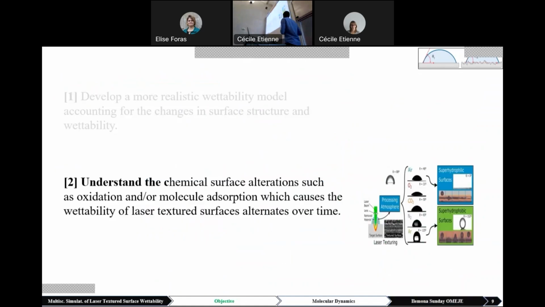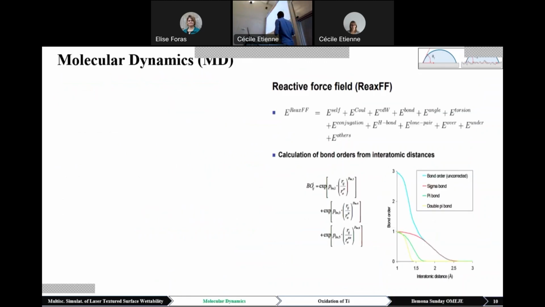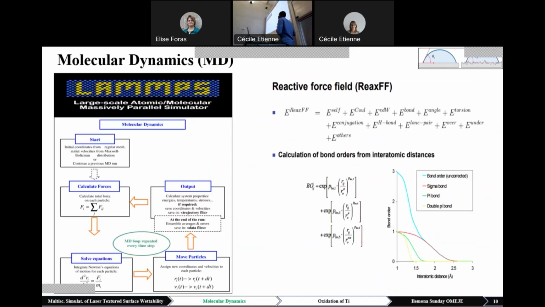And to also understand the chemical alteration on the surface of the material, which is the most difficult part of the project, we started by using a molecular dynamics approach using the LAMMPS software, which is the Large-scale Atomic/Molecular Massively Parallel Simulator.